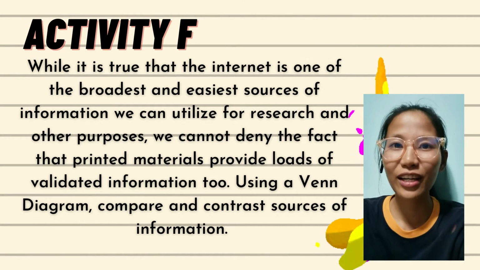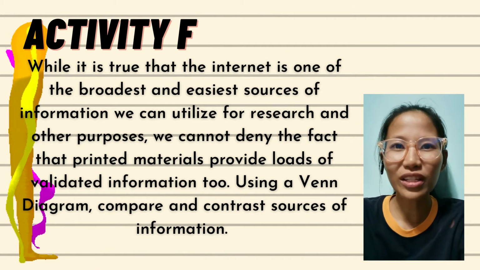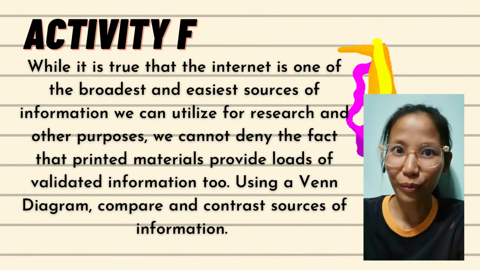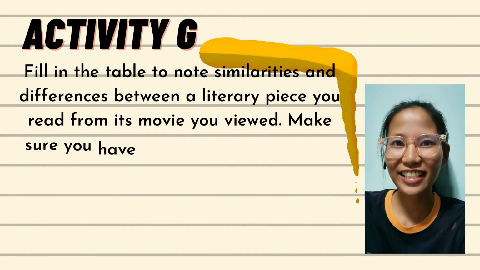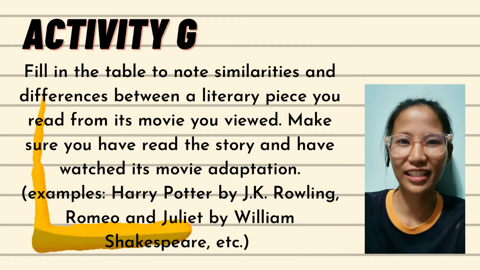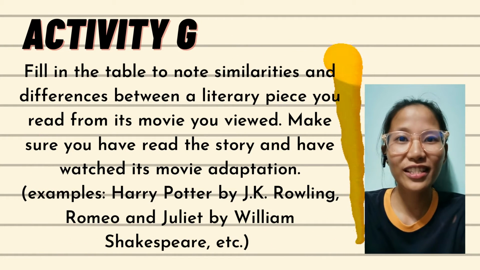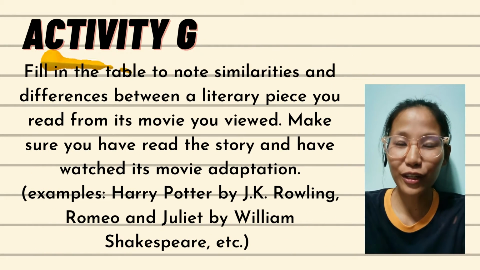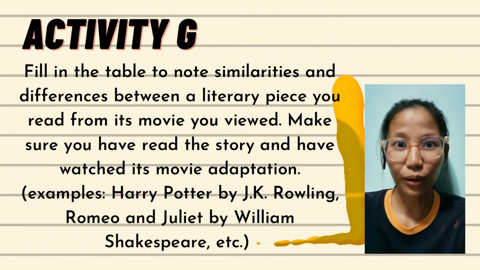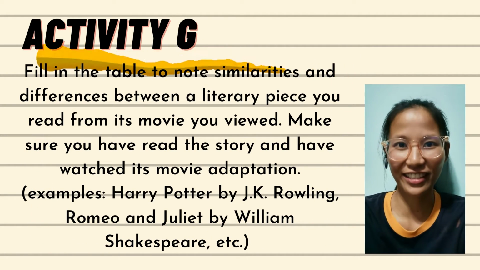In using a Venn diagram, you will compare and contrast printed and digital material. For the last activity of this lesson, you will fill in a table to note the similarities and differences of the material that you viewed or a movie that you have watched.